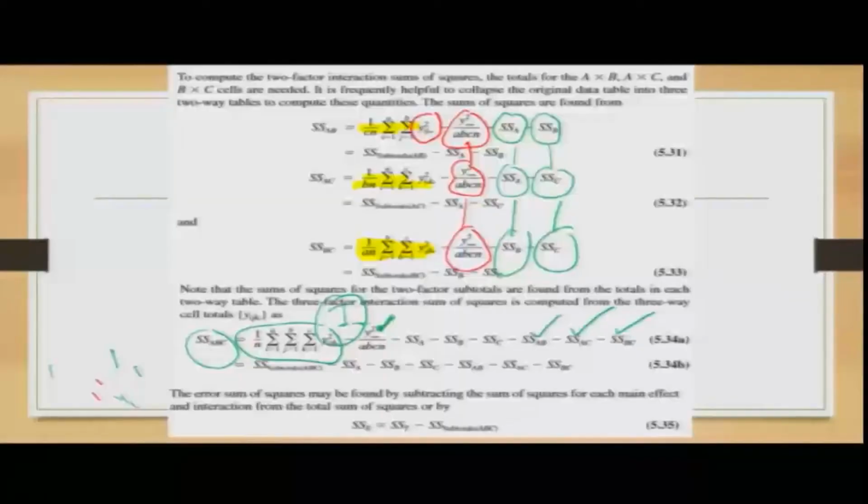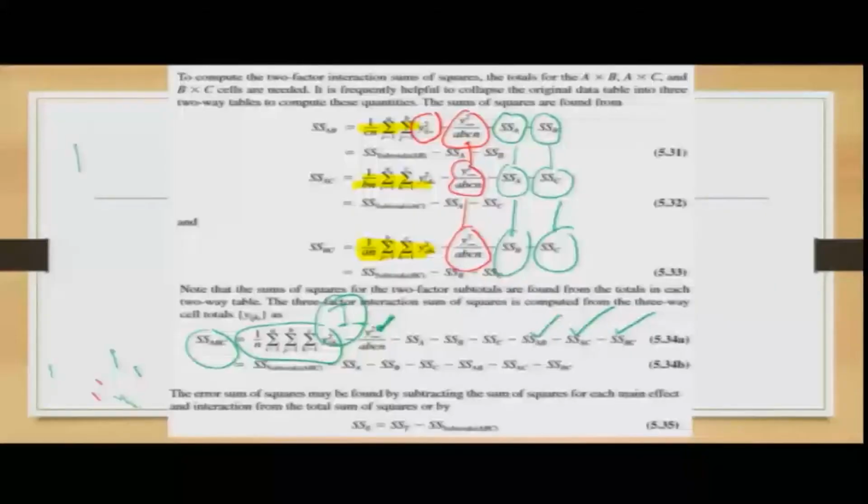Now, what you will subtract from there would be first the singular ones, SSA, SSB, SSC, and SSD. Now, you will consider the combinations of 2 taken at a time.